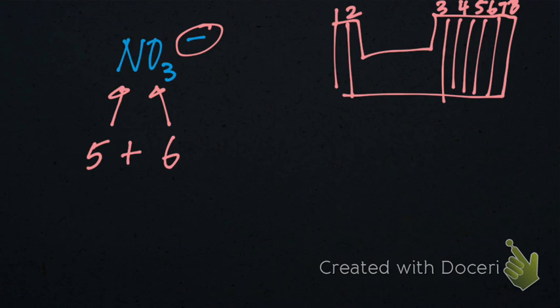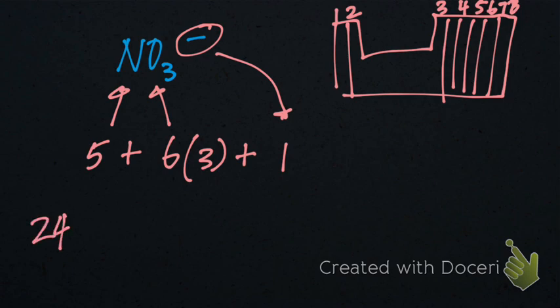So you're just adding like that. Nitrogen is in the 5th column, so it's 5. Oxygen is 6 times 3, plus 1. This negative charge means you have to add 1. So then what do you have? You have 24 total.